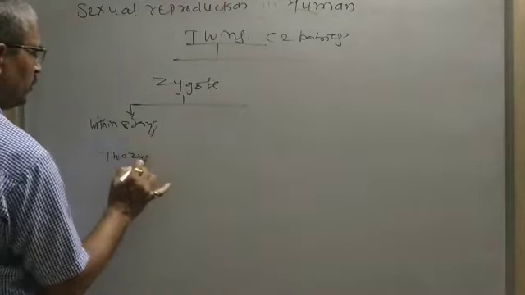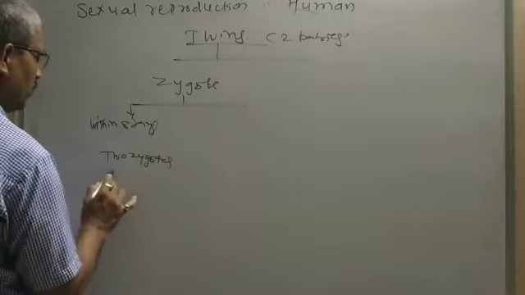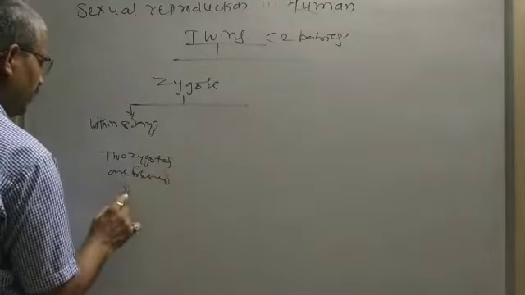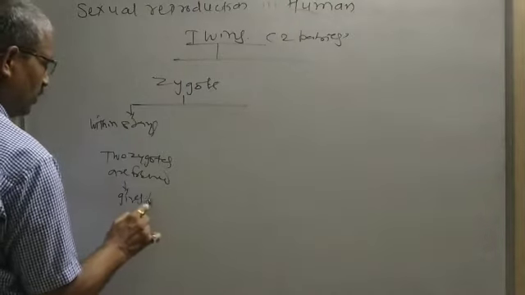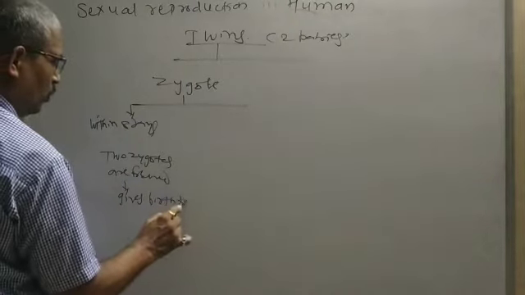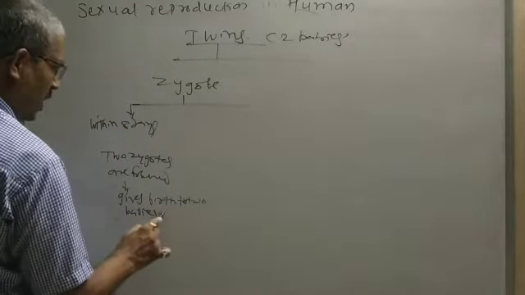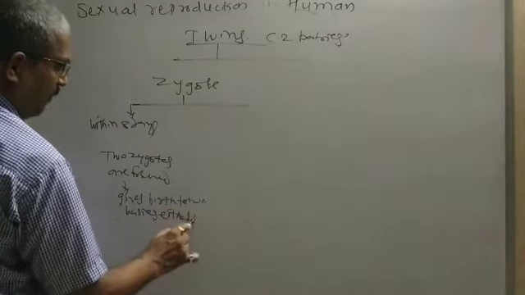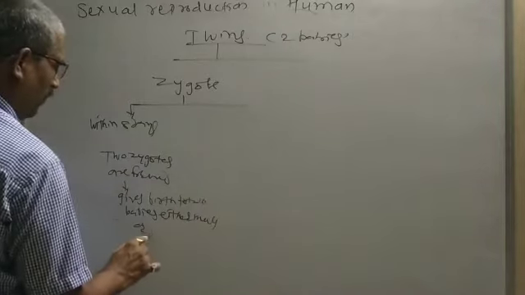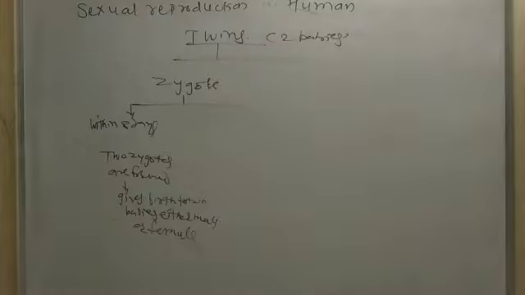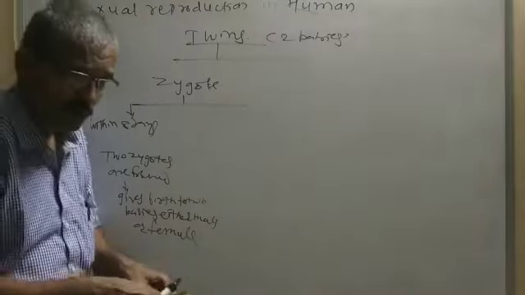Two zygotes are formed and give birth to 2 babies, either male or female. Means both are male or both are female.